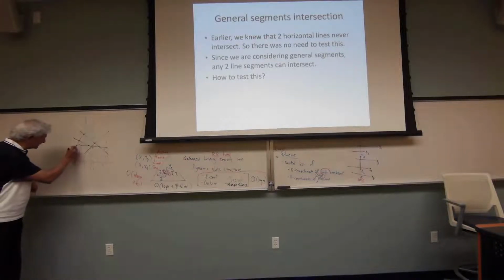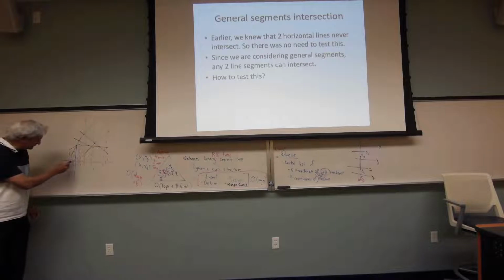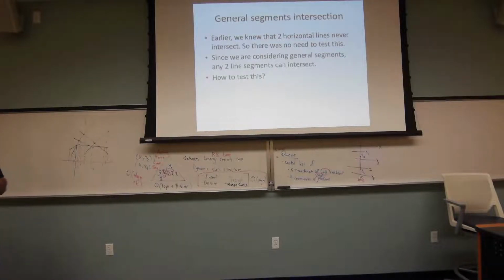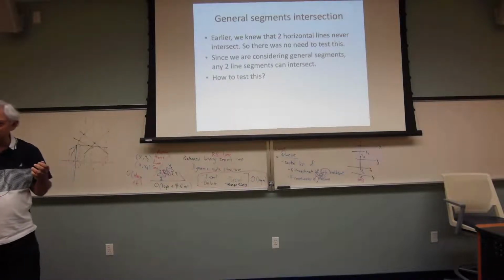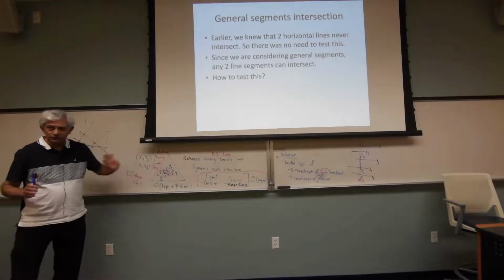You can see this guy here is somewhere there. It's not at this endpoint, or at this event point or this event point. It's somewhere in between. So it's kind of hard to figure this out, and even reporting an intersection point is going to be a bit more challenging this time.